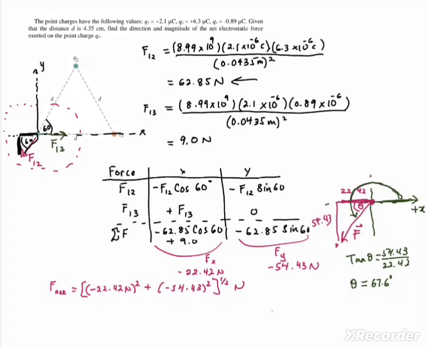So the way I write it here is positive x counterclockwise would be 180 plus theta, and so that number would be 247.6 degrees. So that is the direction, and this is the magnitude.